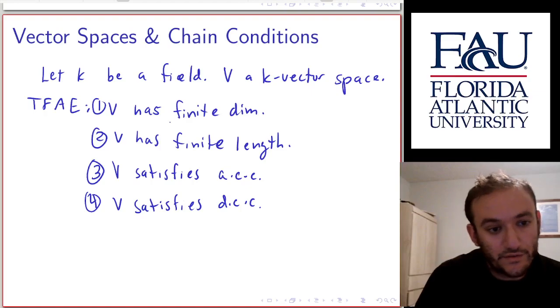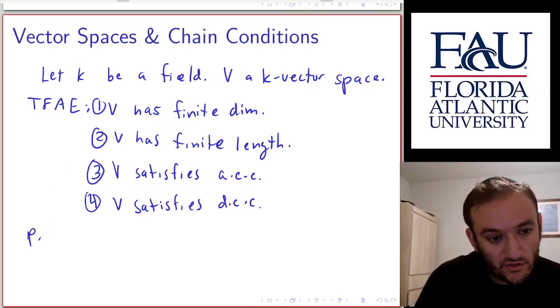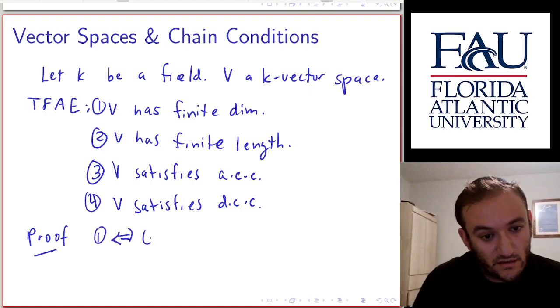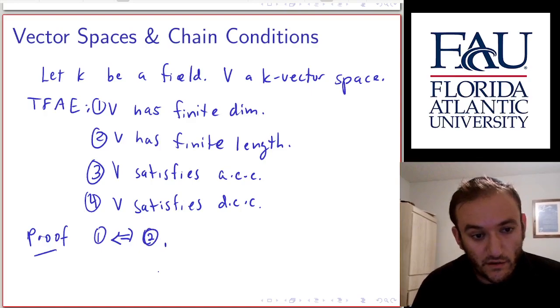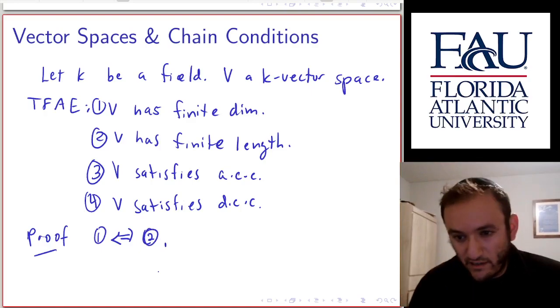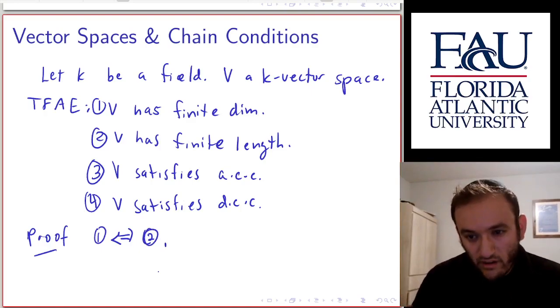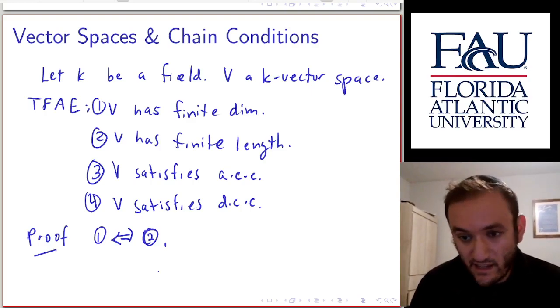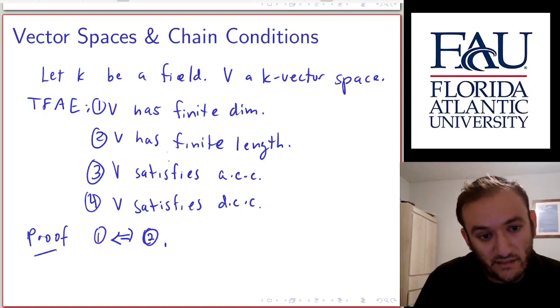Okay, so the proof of this is not too bad. 1 is equivalent to 2 really just by unpacking the definitions. Okay, so the only new point here is that either the ascending chain condition or the descending chain condition proves that it's finite dimensional, but you can look at the contrapositive.